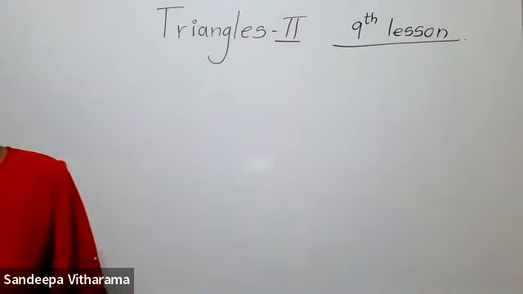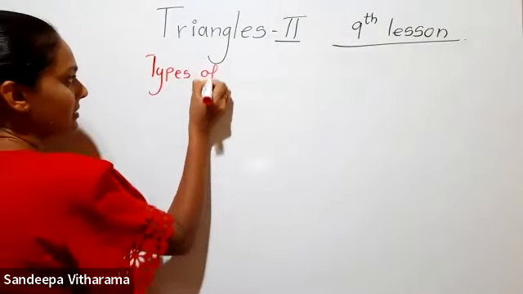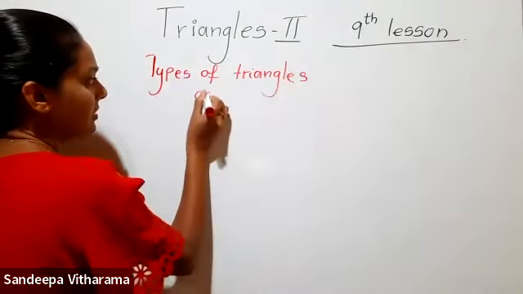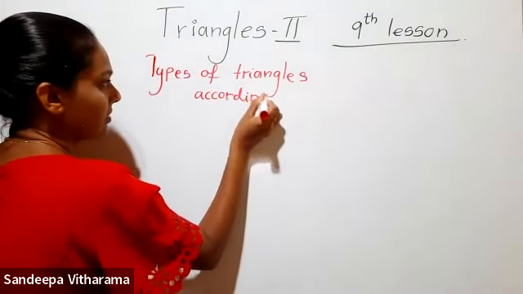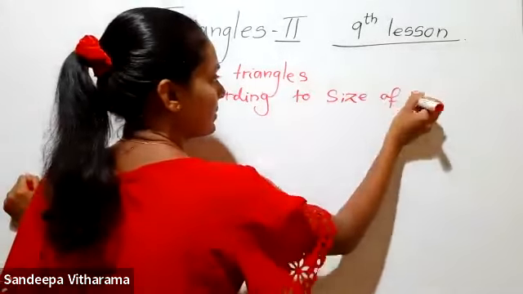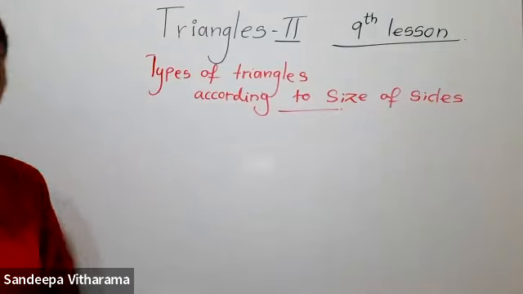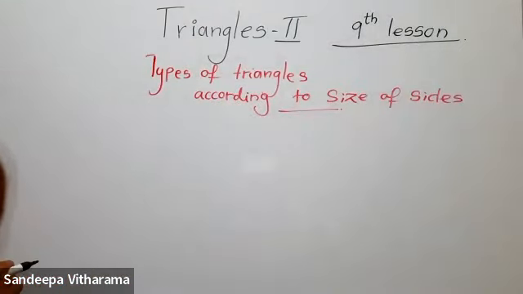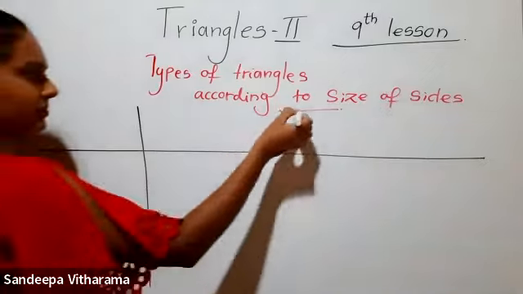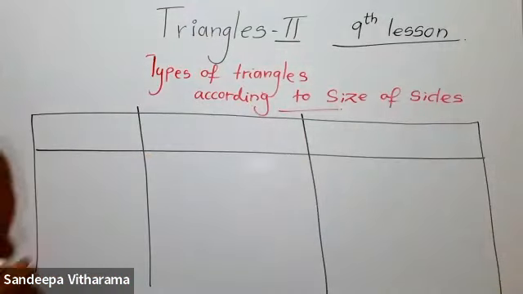Okay, then let's write down the subtopic, types of triangles according to the size of the sides. There are 3 types of triangles.